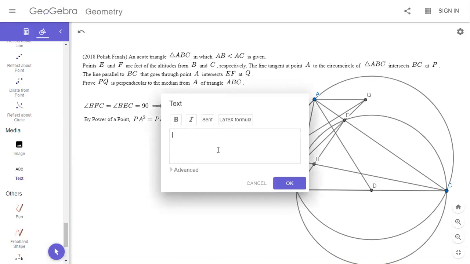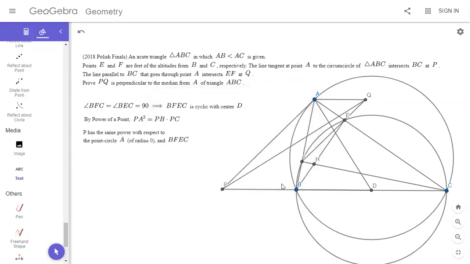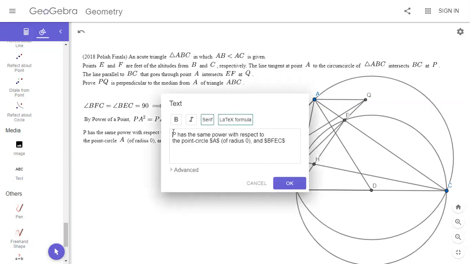So P has the same power with respect to the point circle A of radius 0 and BFEC. You guys see that? Isn't that cool?